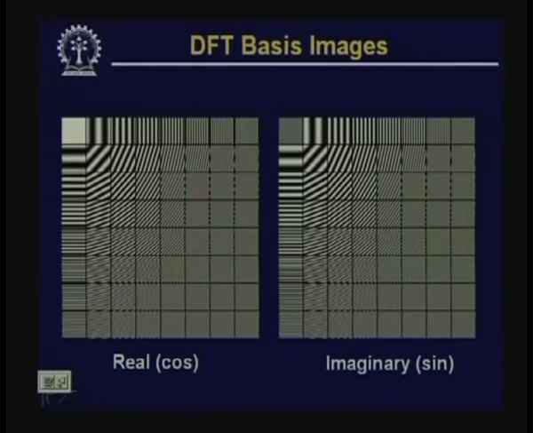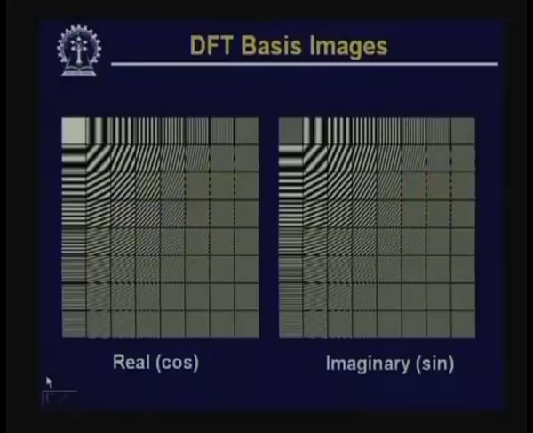Now, as we have defined the Fourier transform, the Fourier spectrum, the phase, the power spectrum in case of analog image, all these quantities are also defined in case of discrete image in the same manner.